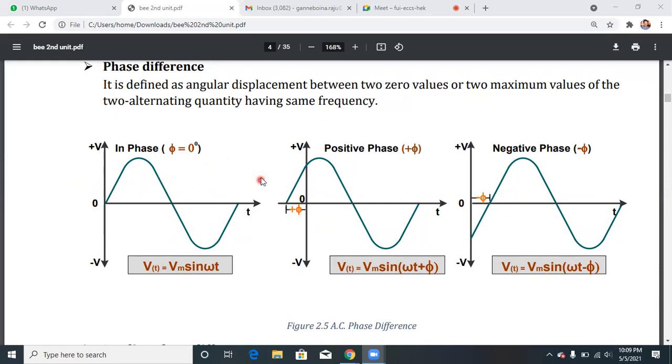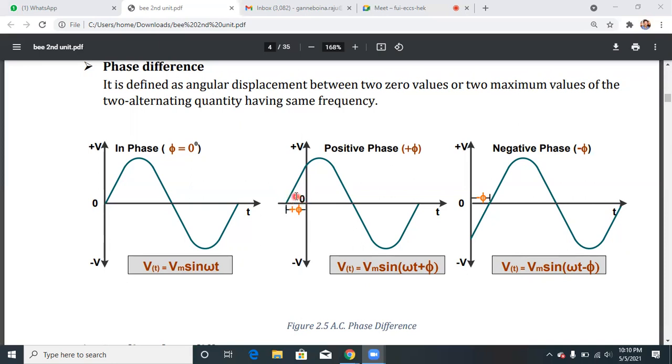Then this waveform has already started before 0. This waveform is under a leading condition. So it leads by some angle phi. The waveform has already started before the time t is equal to 0, which means some amount of EMF is already there in the coil.